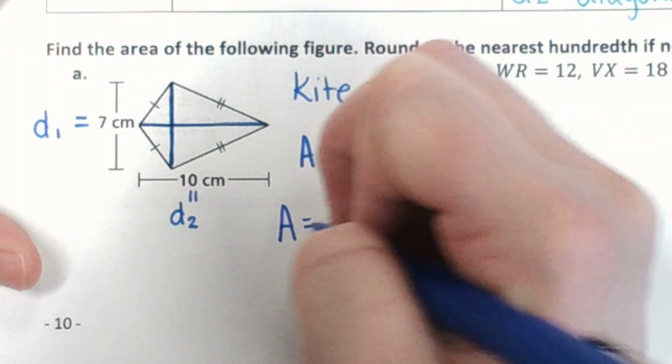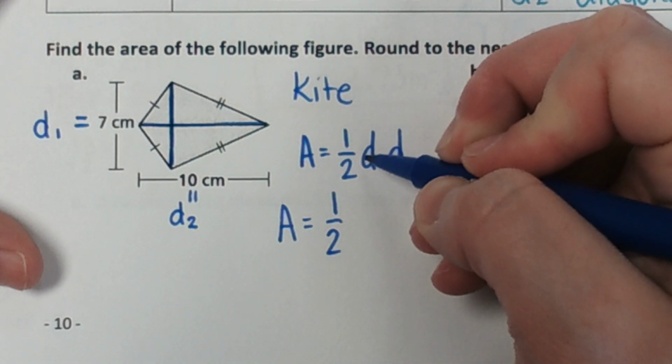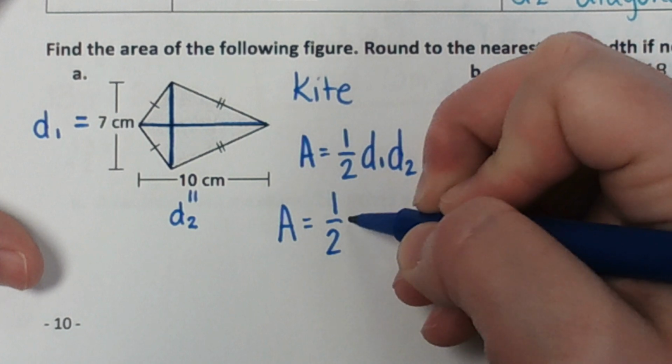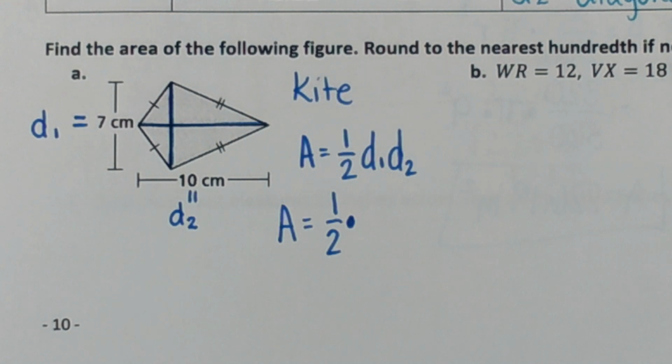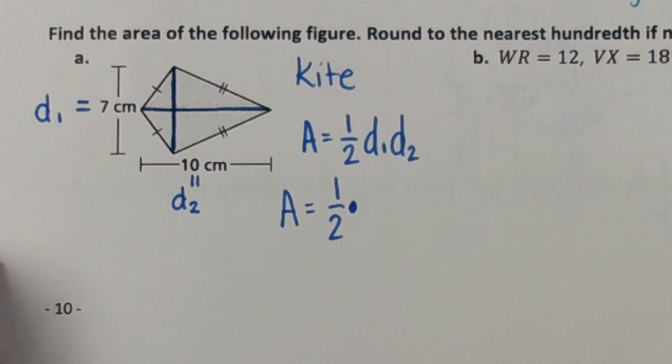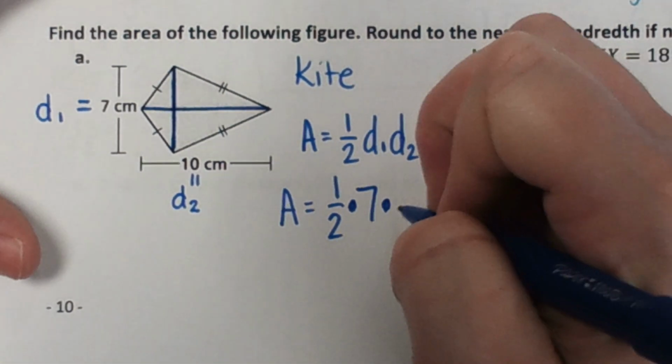So, area equals 1/2. And we said what was between the 1/2 and the d sub 1? Multiplication. And I say d sub 1 because that's the technical way you say it. You can call it d1 and d2. I understand what you mean. Sub means subscript. That's what those little numbers are. Okay, 1/2 times 7 times 10.